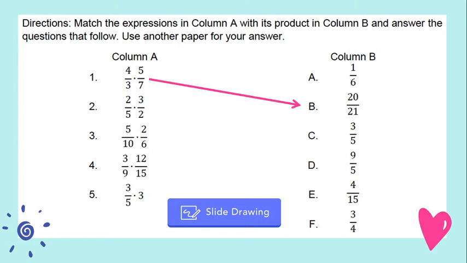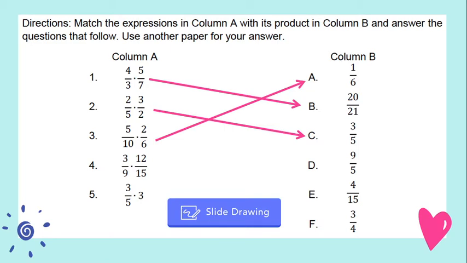Next, number 2. We have 2 over 5 times 3 over 2. If your answer is letter C, 3 over 5, you are correct. Next, number 3. We have 5 over 10 times 2 over 6. The answer is letter A, 1 over 6.